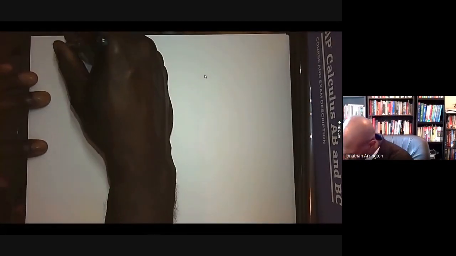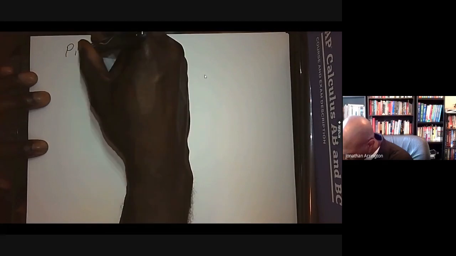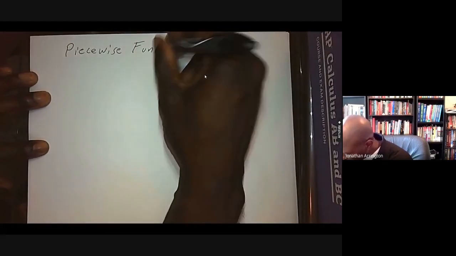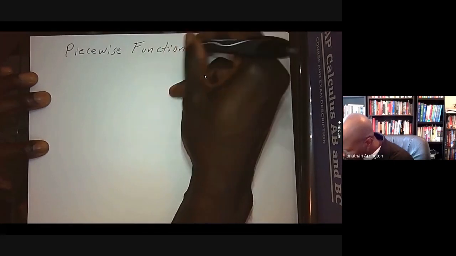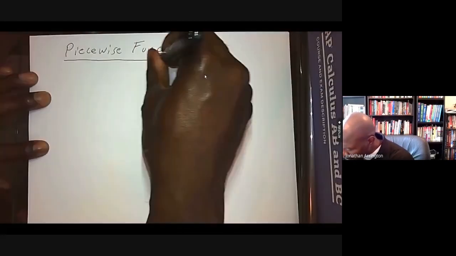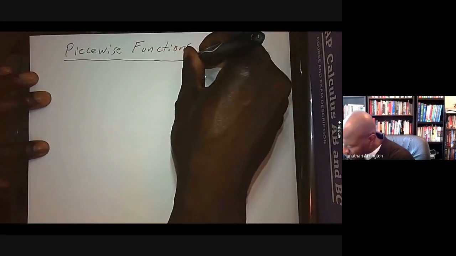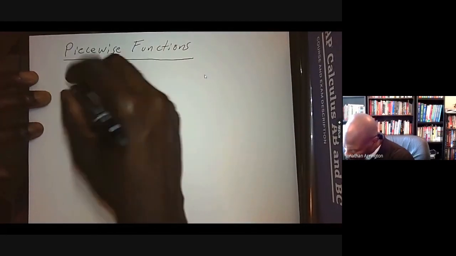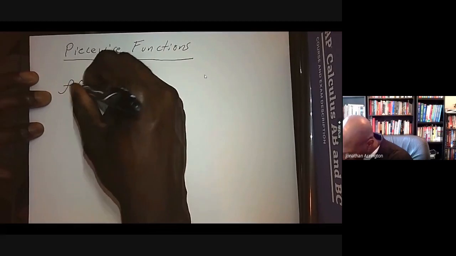All right, so let's review graphing piecewise functions. Again, it's a function consisting of 2 or more pieces based on several conditions. So let's say our piecewise function, I'll call it f of x.